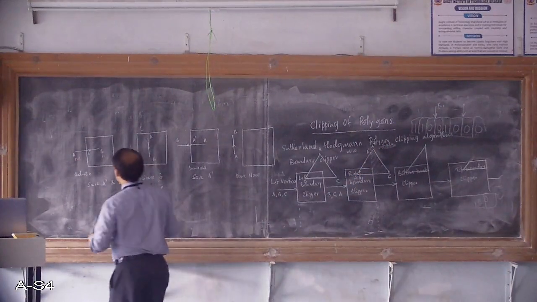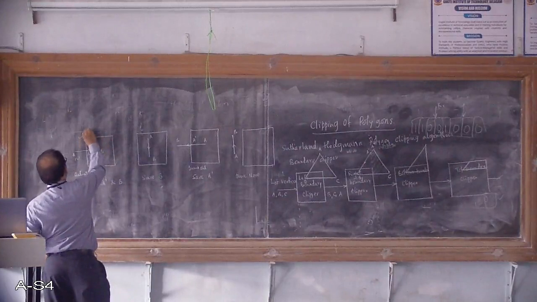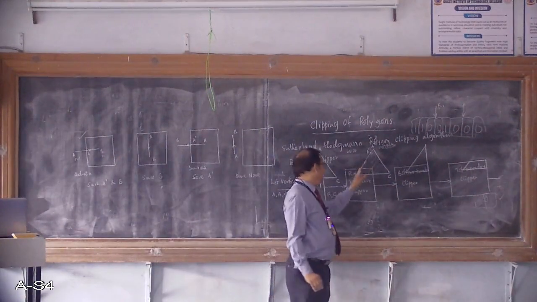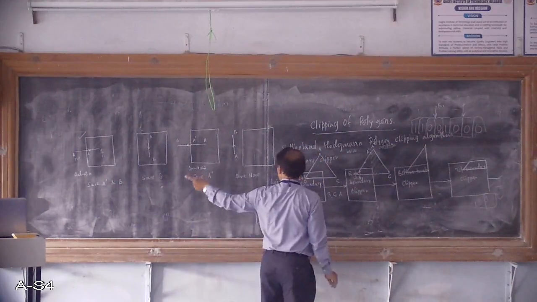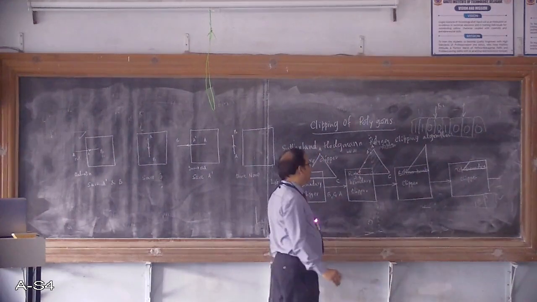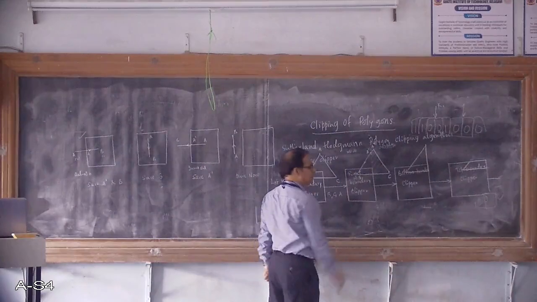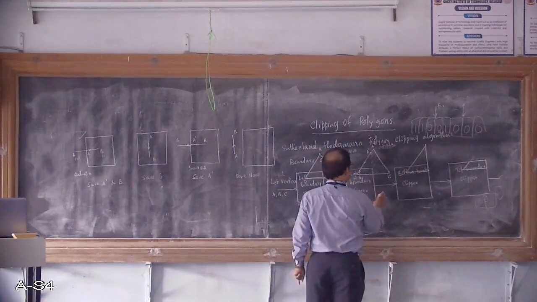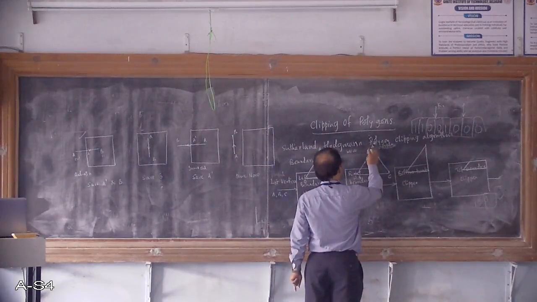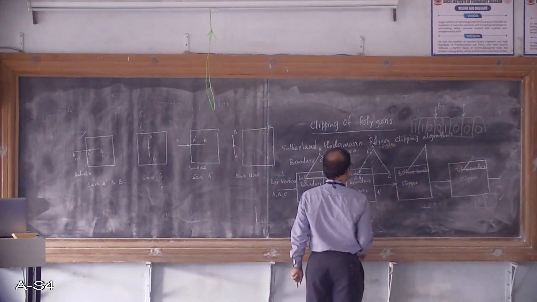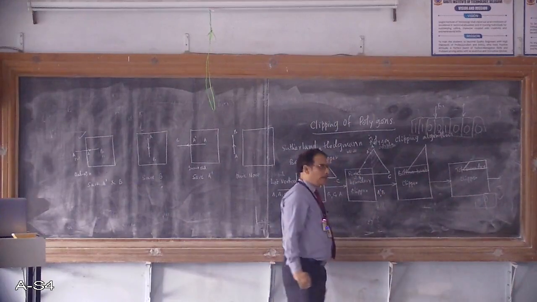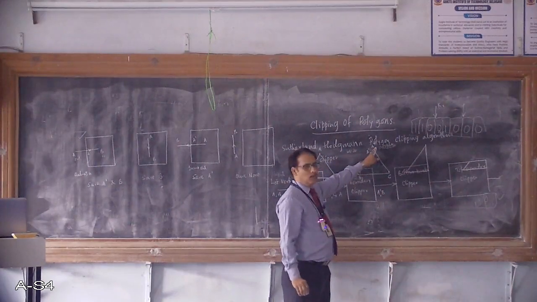So it is the outside to inside case. So this is the first rule, and for the AB edge we have to select the first rule because it is the outside to inside case. For the outside to inside case, what we are required to save are the intersection point A dash and the second vertex, that is B. A dash and B have to be saved, and we must ignore A.